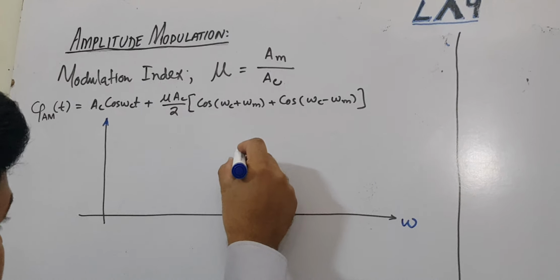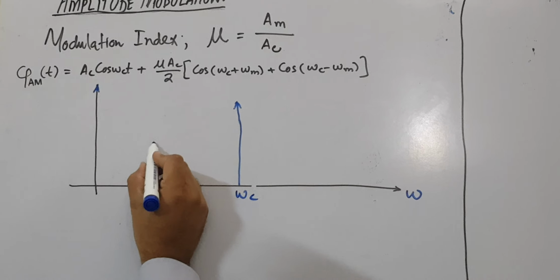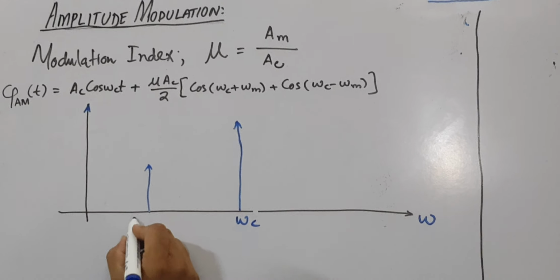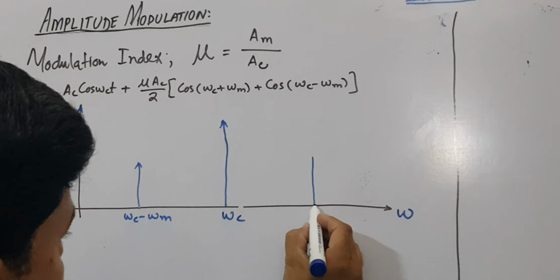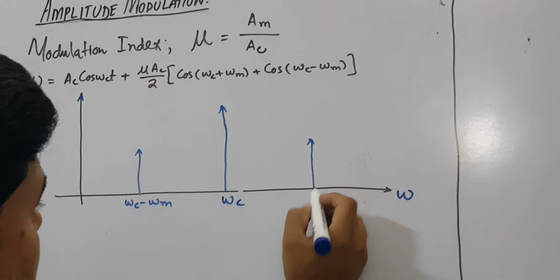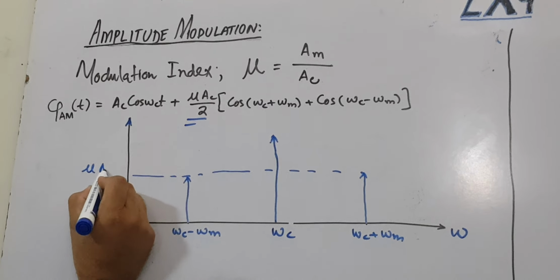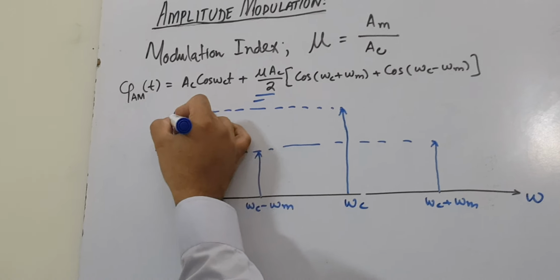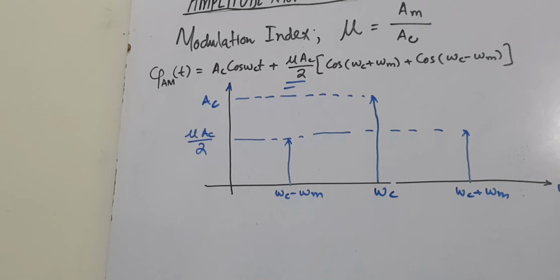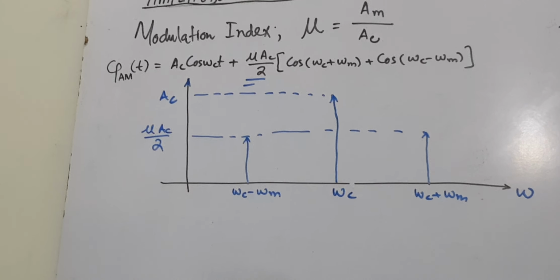The center frequency is omega C, and the other two frequencies here are omega C minus omega M, and omega C plus omega M. The amplitude of these two portions is mu AC divided by 2, and the amplitude of the carrier is basically AC.